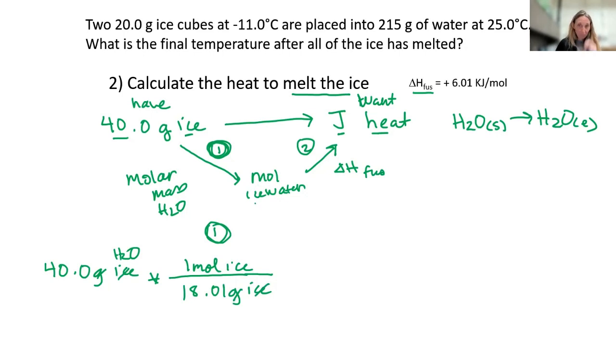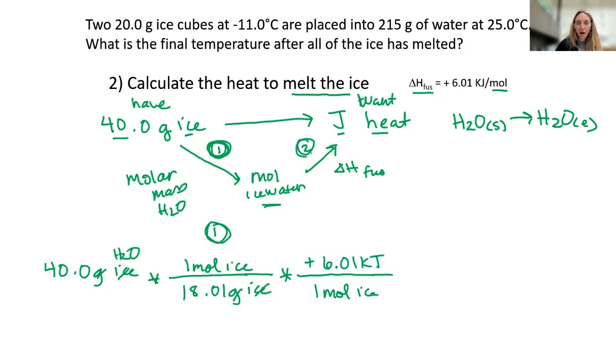Okay, so my next step is I'm going to use the delta H of fusion. Since I have moles of ice at the top, my moles go on the bottom. So I have 1 mole, we'll just call it ice again, and that equals a positive 6.01 kilojoules of heat.